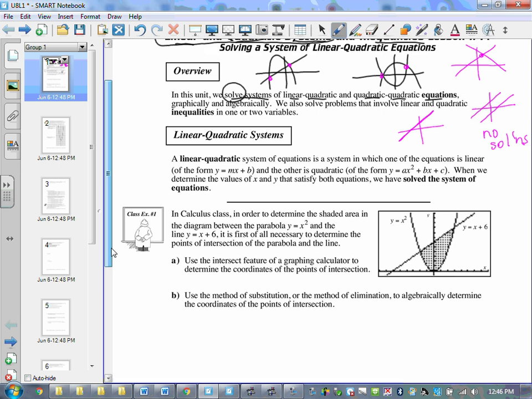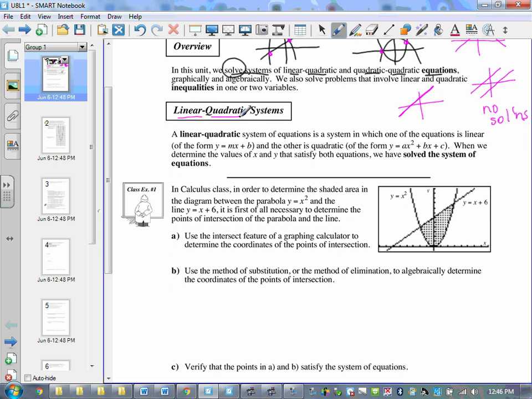So we're looking at linear quadratic systems first. A linear quadratic system of equations is a system in which one of the equations is linear in the form y equals mx plus b, and the other is a quadratic in the form y equals ax squared plus bx plus c.